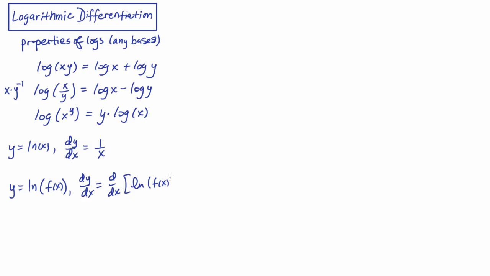Remember, the outside function here is natural log. So what you'll in essence be doing is the 1 over x, but x is replaced with f of x. So it'll be 1 over f of x, then times the derivative of the inside function, and the inside function here is f of x. So it's f prime of x.